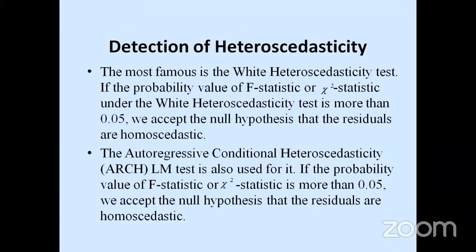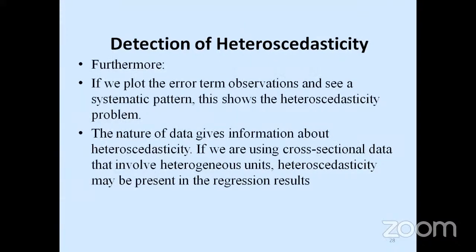These are the two tests we generally use to identify heteroscedasticity, and the null hypotheses are like this.